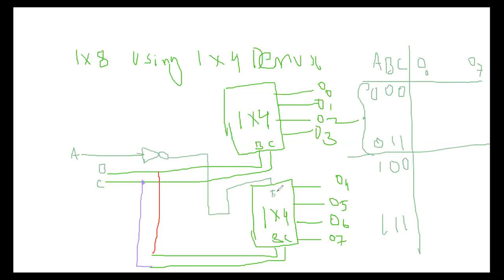And A is connected here as another enable input. So if A is 0, that is an enable bar, and here also it is an enable bar. When A is equal to 0, with this 0 and this bubble, the first 1/4 demultiplexer is enabled.